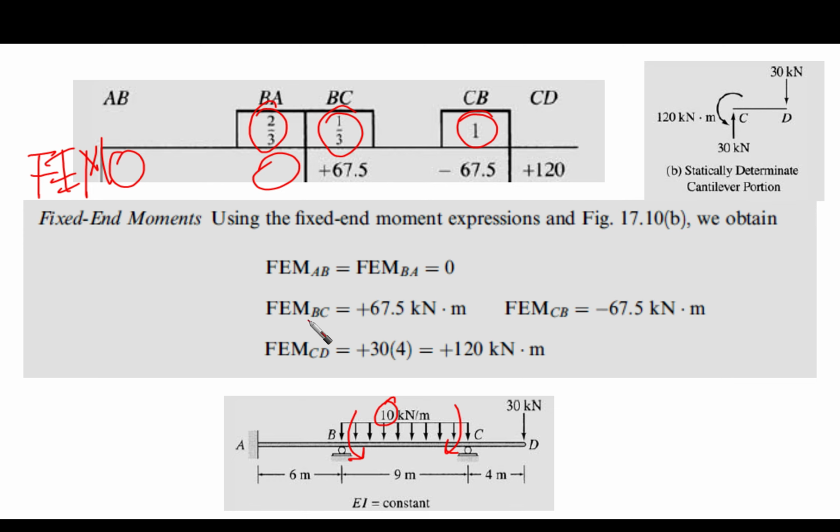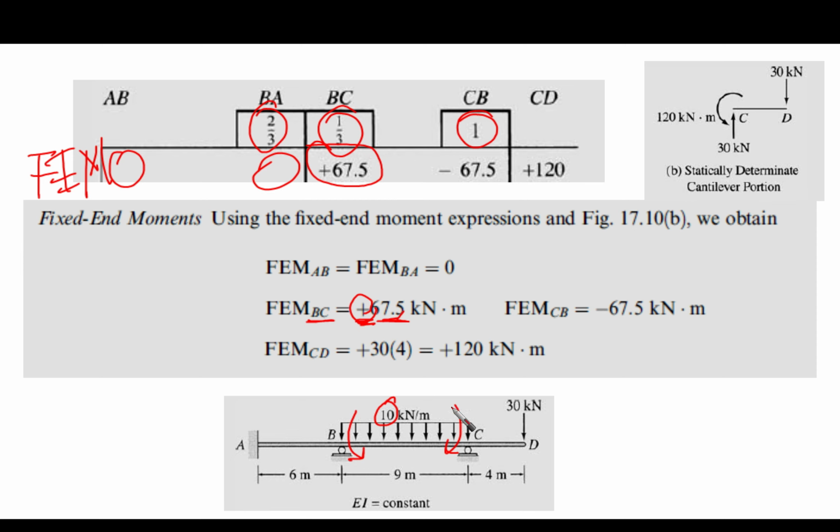So FEM BC, which is here, equal to plus, because here the moment is, as you can see, counterclockwise, so it must be positive. Okay, and 67.5 from where? WL squared over 12. Easy, you are going to find it 67.5.